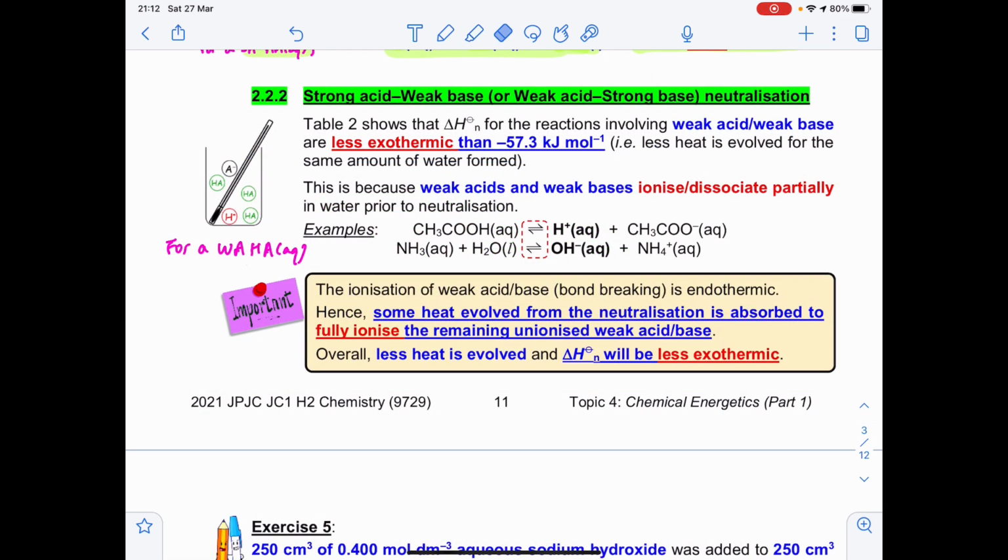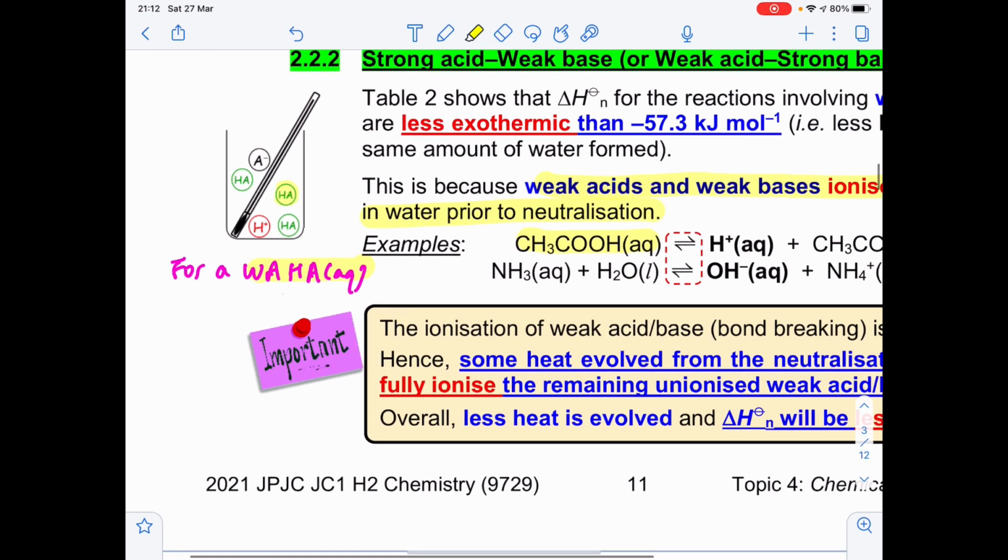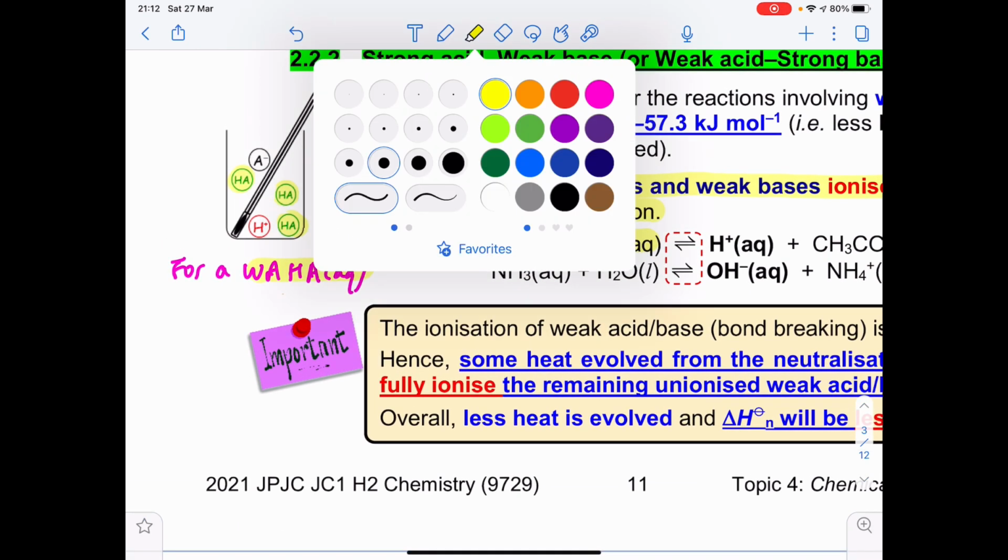For a reaction involving a weak acid or a weak base, note that weak acids and weak bases only ionize partially in water prior to neutralization. In a beaker containing aqueous HA solution, which is a weak acid, for example ethanoic acid, you will find many unionized HA molecules still remain in the solution.